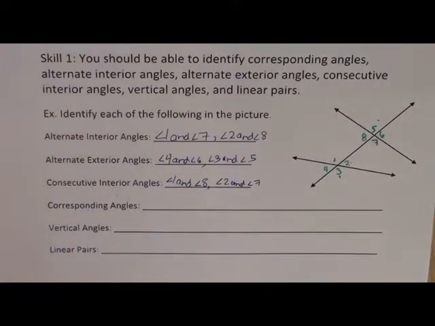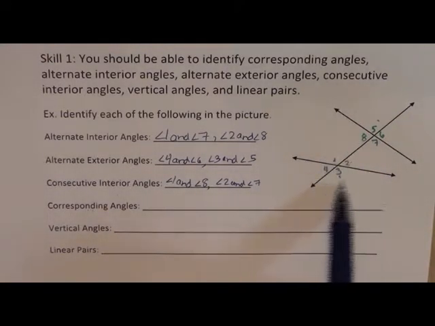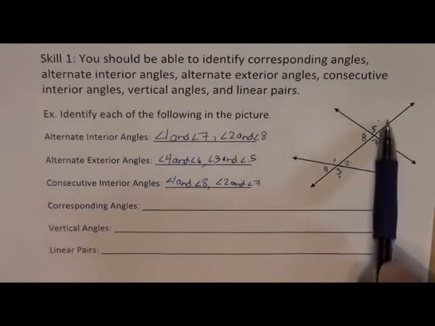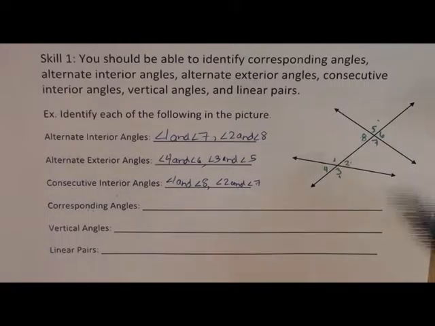Corresponding angles. The way I like to describe corresponding angles is that you're essentially in the same spot when it comes to the clump of angles. Now, this is not the mathematical terminology clump, but as I see it, when I look at this, I see a clump down here of 1, 2, 3, 4, and a clump up here of 5, 6, 7, 8. We have the transversal.